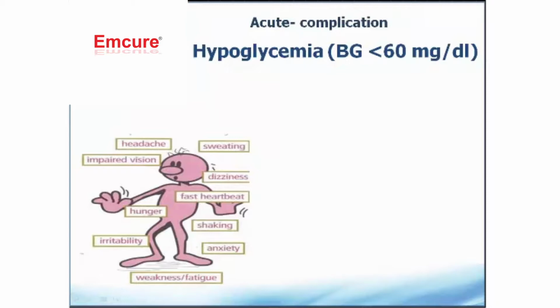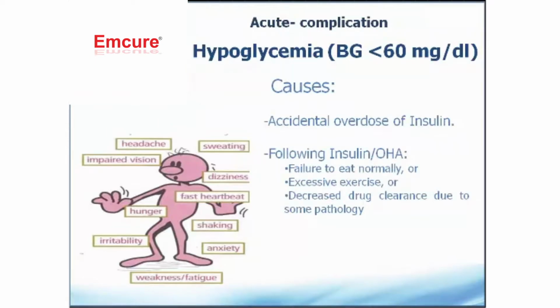Now let us see what actually causes a hypoglycemic event in a diabetic patient. An accidental overdose of insulin can cause a hypoglycemic event. Other reasons are if a patient fails to eat normally after taking insulin, or does excessive exercise, or there is decreased drug clearance due to some pathological condition.